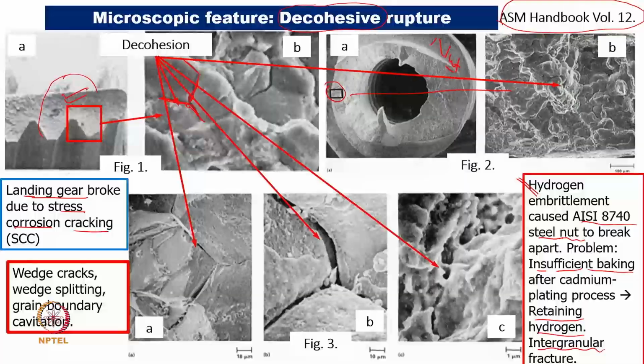The question comes: these are what we see after the failure, where the failure has happened, and we can study it and provide a remedy after that. So, in the near future we can modify the process, do sufficient baking, maybe give a little more time, or if some sort of stress corrosion is happening, we avoid corrosion as much as possible.